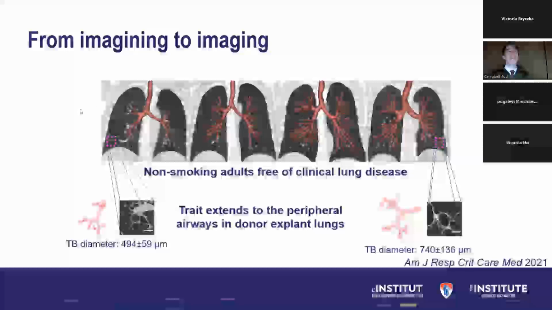I think it is there, but I think it's also central. But nevertheless, in collaboration with Jim Hogg and company, we were able to show that this central trait of the airway tree seems to extend to the terminal bronchioles. So people with smaller central airway trees had narrower terminal bronchioles. People with bigger central airway trees had the opposite.